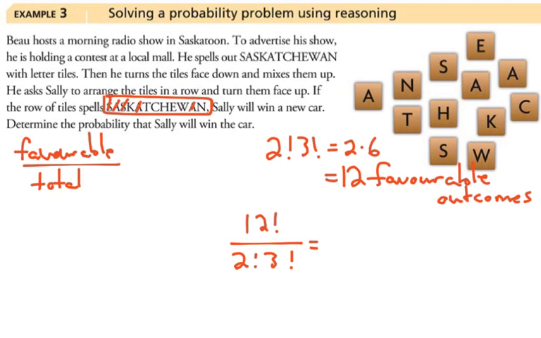Head over to the calculator, do 12 factorial, 479,001,600. Divide that by, we've already done 2 factorial times 3 factorial, so that's 12.